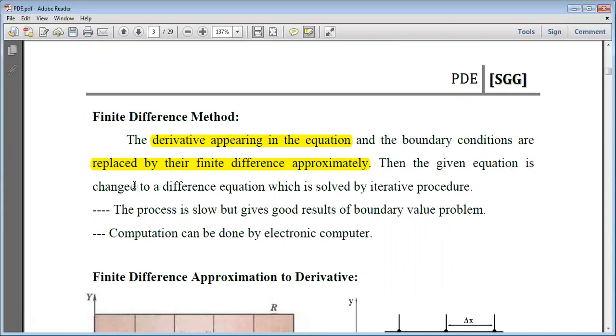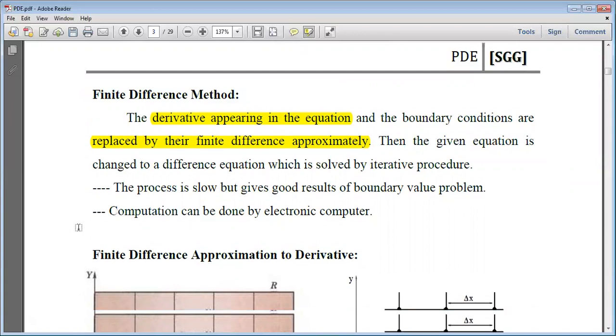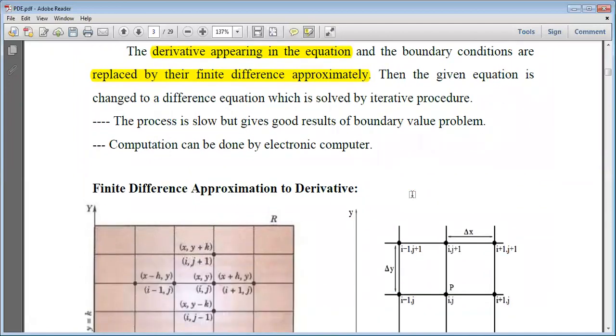Then the given equation is changed to a difference equation, which is solved by an iterative procedure. The process is slow but gives a good result for boundary value problems, and it is easy to compute. We can convert this problem into a program and carry out the calculation with the help of any computer or electronic calculator.